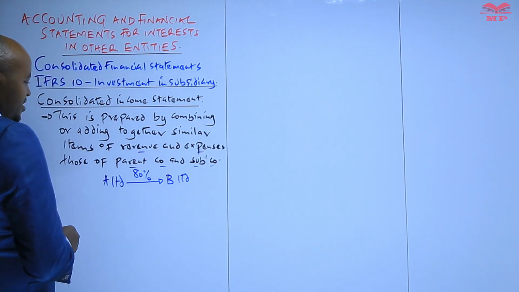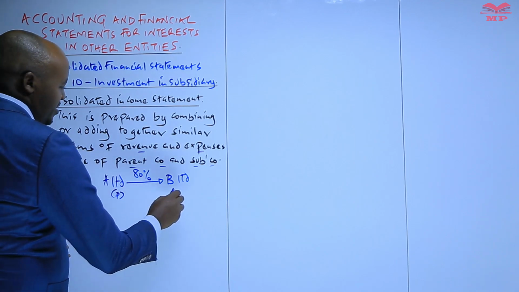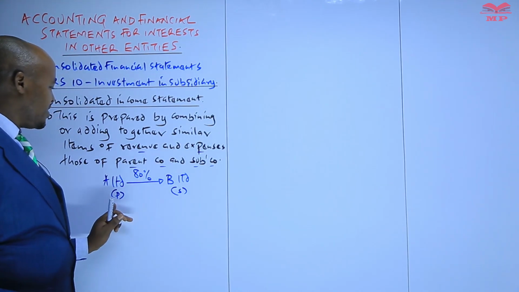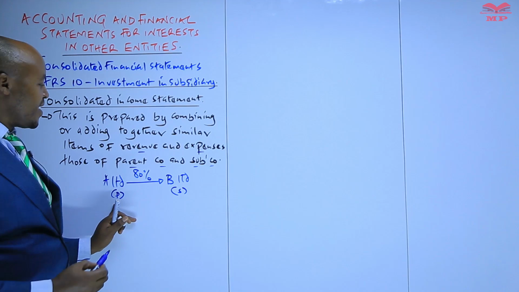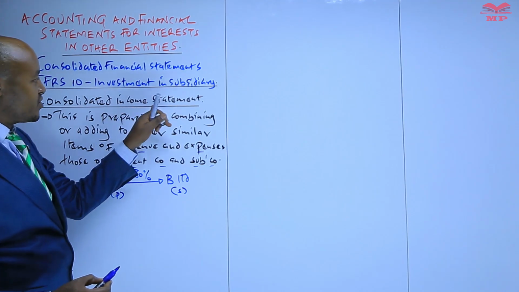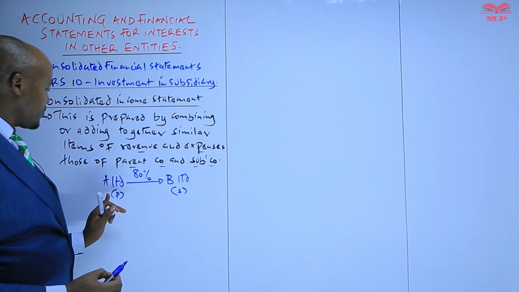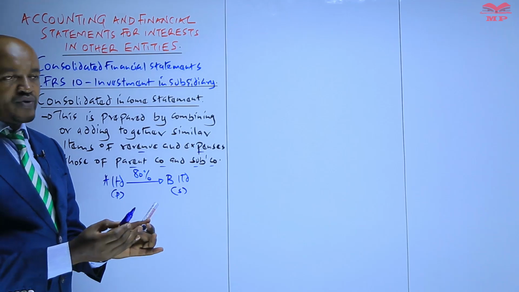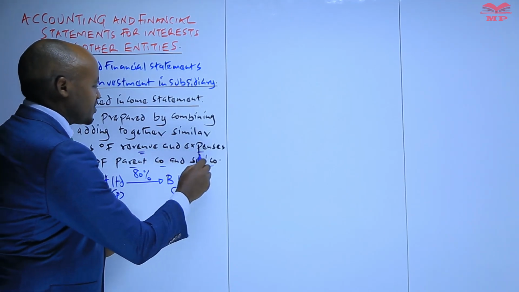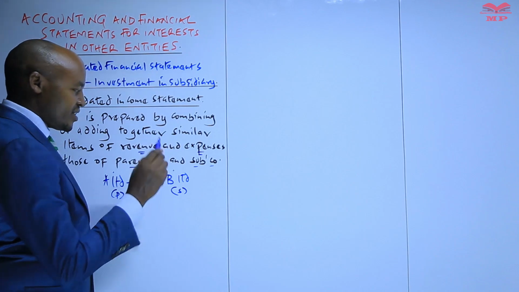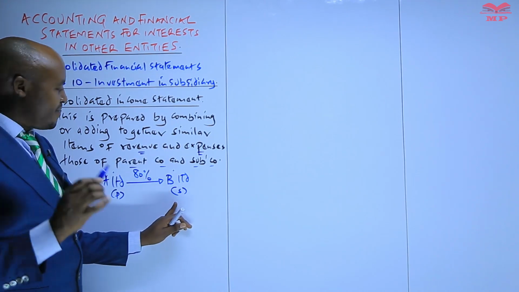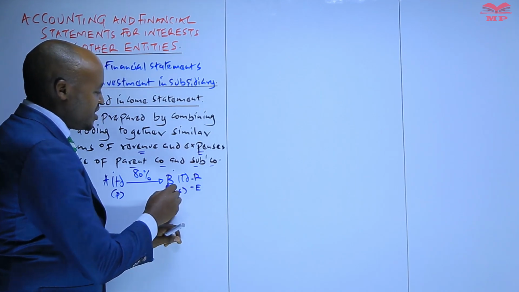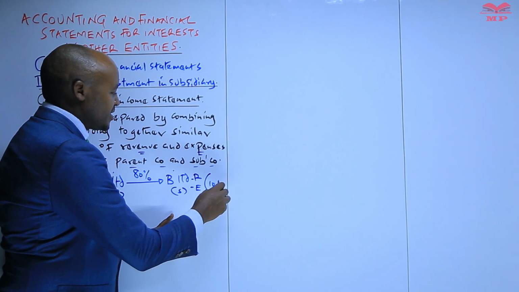So A Limited here is the parent company, whereas B Limited is a subsidiary, and therefore A Limited is the one under obligation to prepare the group account and specifically the consolidated income statement. So when the parent company is preparing the consolidated income statement, it should add together similar items of revenue and expenses, those of the parent and those of the subsidiary. And when taking into account items of revenue and expenses of the subsidiary, the parent company should take 100%.